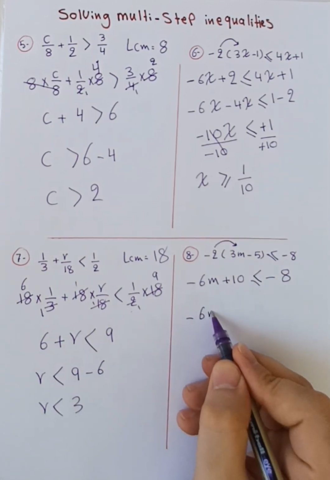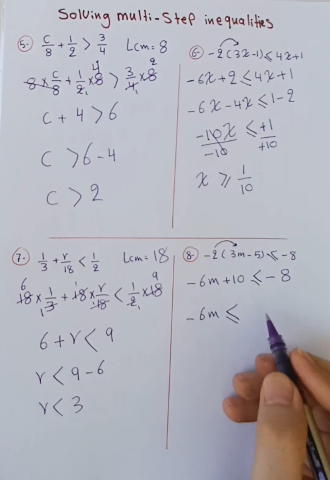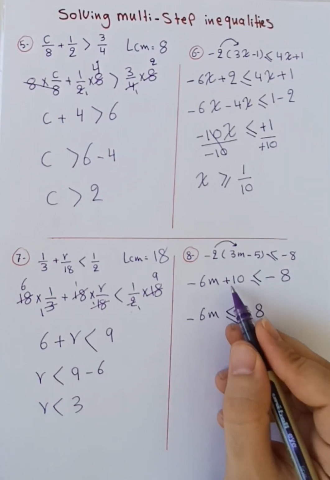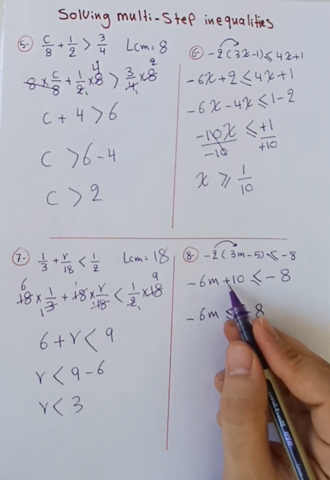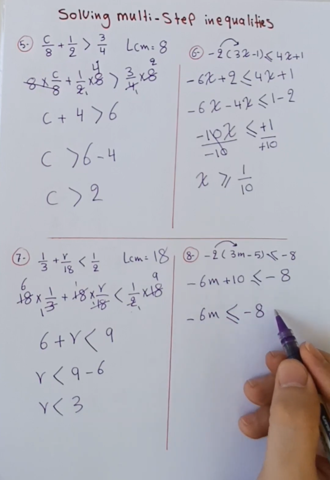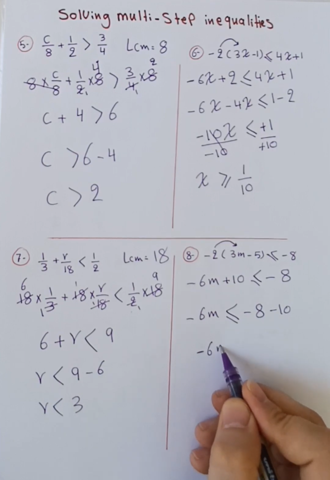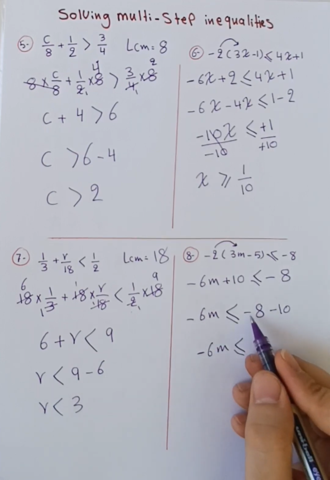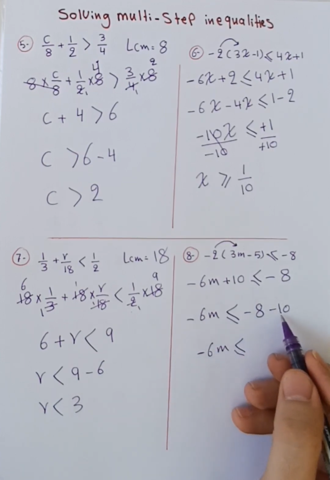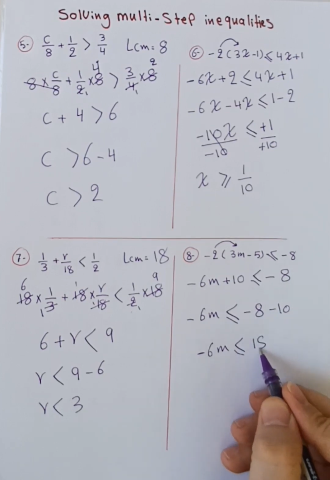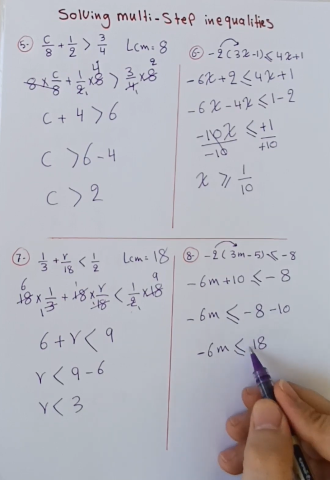Negative 6m less than or equal to negative 8. We have to change the place of positive 10 to become negative 10. Negative 6m less than or equal to, minus times minus is plus, we have to add 10 plus 8 is 18. We have to write the sign of the larger number, which is 10.